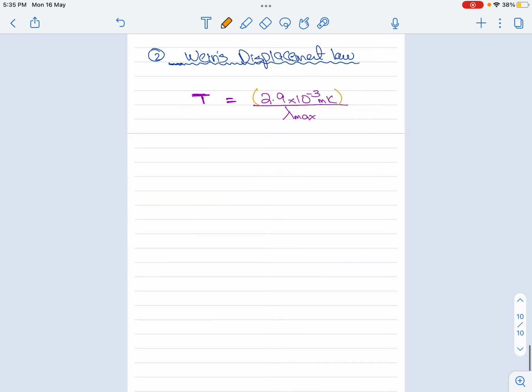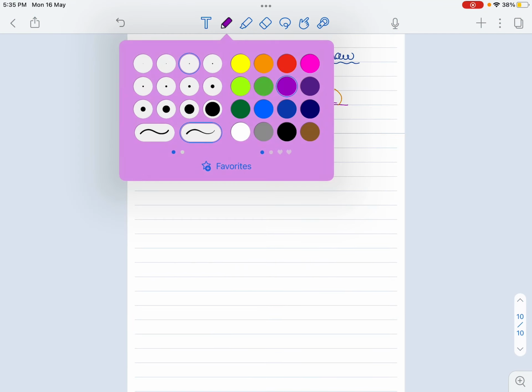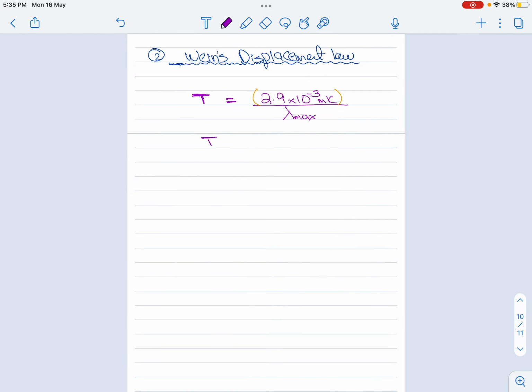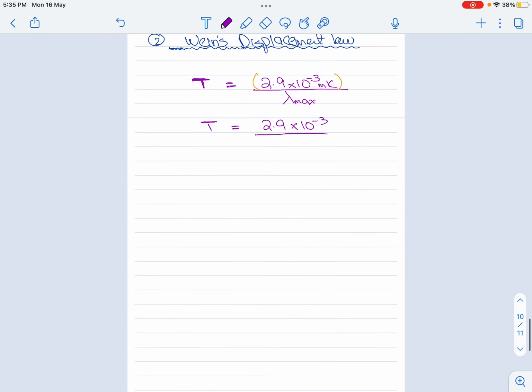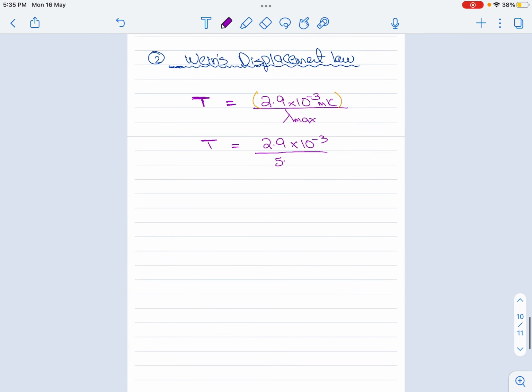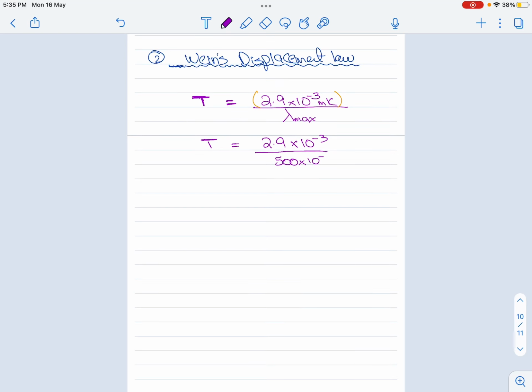Now this is the wavelength we found from step 1, right? T being the temperature, wavelength max being wavelength in meters, and 2.9 times 10 raised to the power minus 3 is a constant, right? Now for example, the wavelength max value we found right here was 500 nanometer, so we can input this value. T equals 2.9 times 10 raised to the power minus 3 upon 500, and because it's nano we need to convert it to meters, 500 times 10 raised to the power minus 9, right? And then we can solve for T. T can be any value you find here.